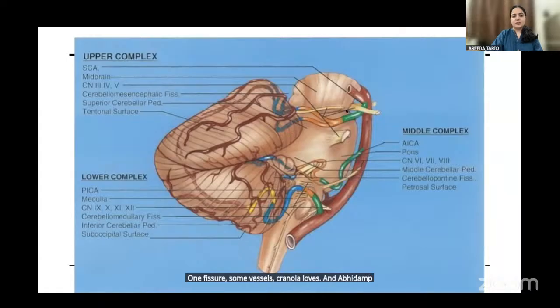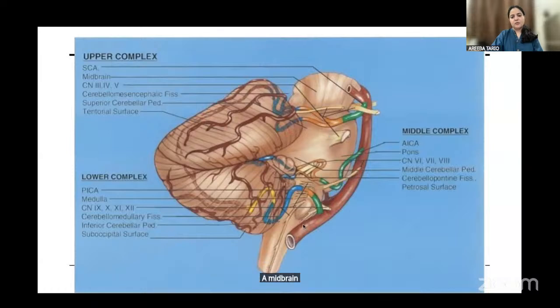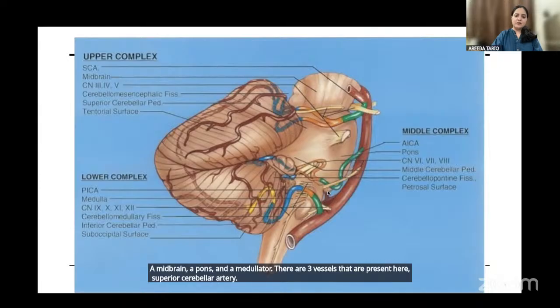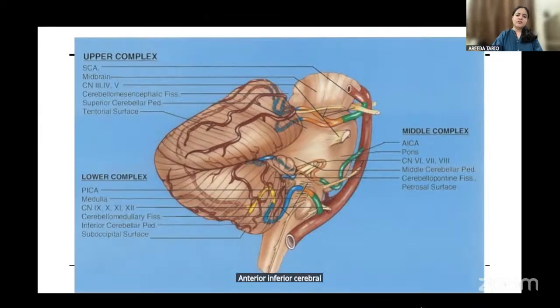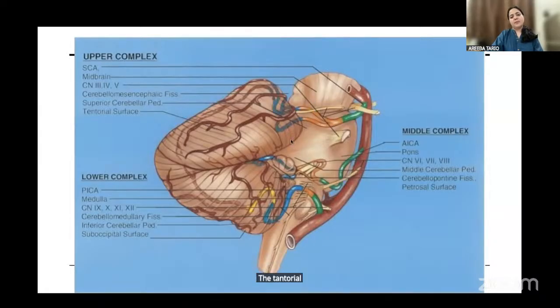As we know, there are 3 major structures of the brainstem present in the posterior fossa: a midbrain, a pons, and a medulla oblongata. There are 3 vessels here: superior cerebellar artery, anterior inferior cerebellar artery, and posterior inferior cerebellar artery, PICA. There are 3 surfaces of the cerebellum: the tentorial surface, the petrosal surface, and the suboccipital surface.